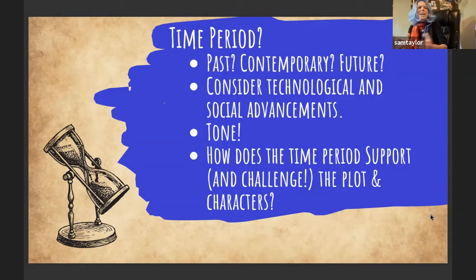So give yourself the freedom and the creativity to think about what time period would best suit the story you're trying to tell, best suit the characters. What time period do you see them living and breathing in? And what time period would also challenge them the most and push them to want the things you see these characters wanting, and push them to become the kind of people they need to be at the end of the story?